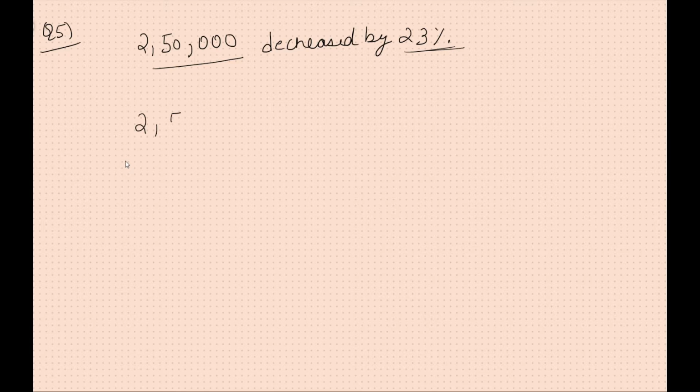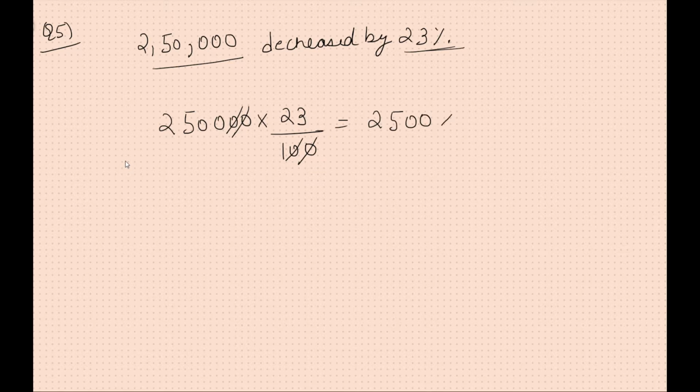So 2,50,000 into 23 upon 100. So this will be 2500 into 23. You can do the multiplication with me, I'm also doing it.